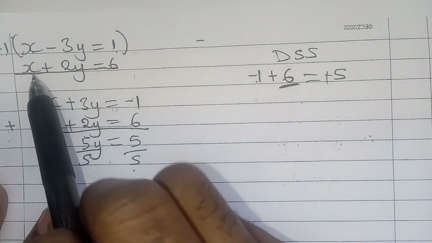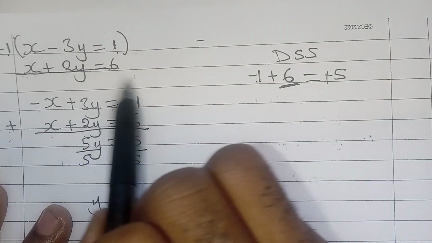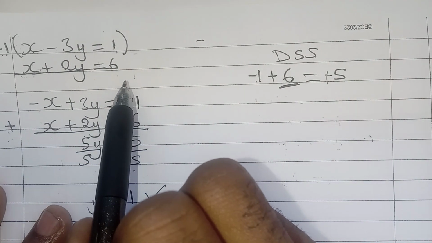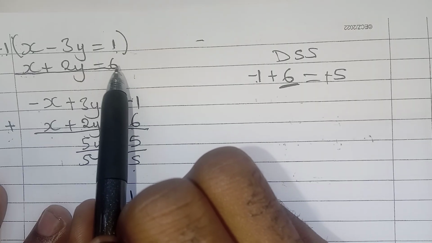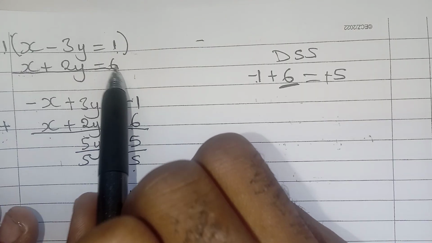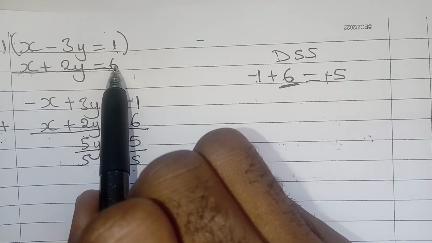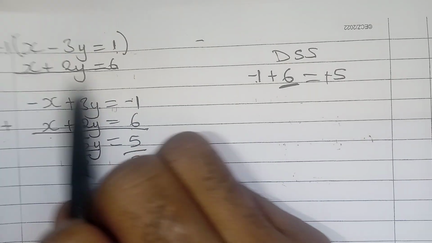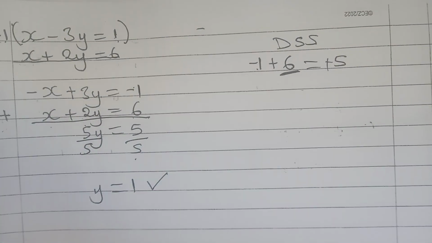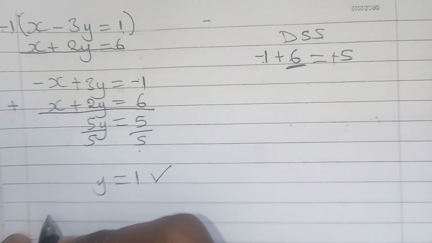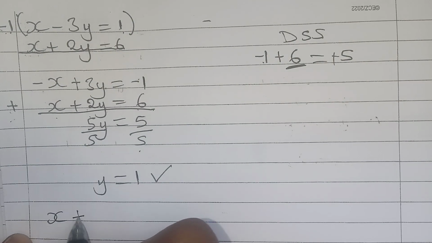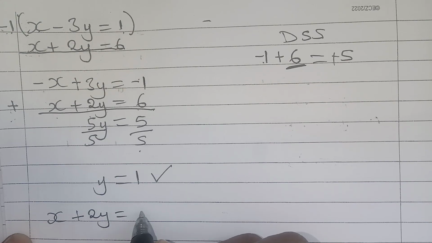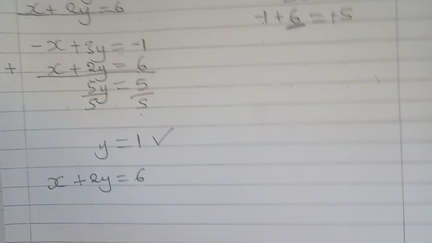So for me, I think I'll go with the second one, because despite having a bigger number here, we don't have any negative sign there. So I'll pick the second equation, which is x plus 2y is the same as 6.